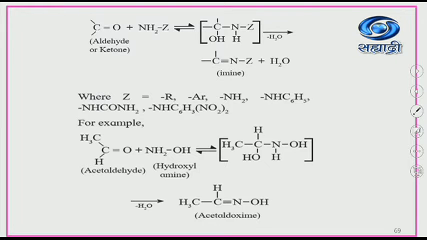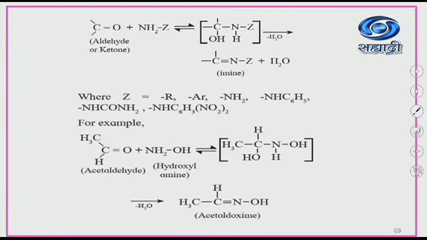So carbon double bond nitrogen bond Z is known as an imine, where Z is an alkyl group R, an aromatic group, NH2, NHC6H5, NHCONH2, NHC6H3(NO2)2.